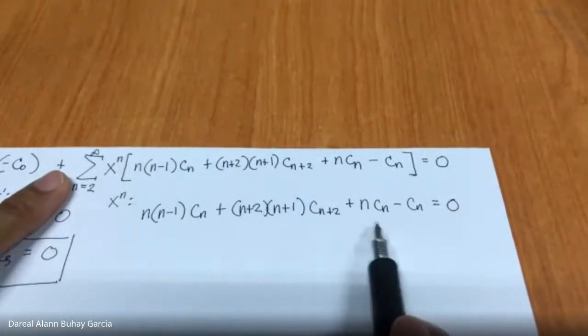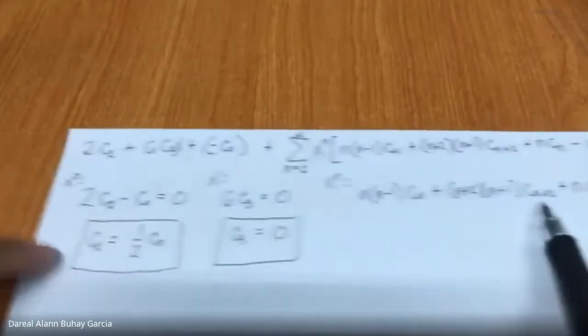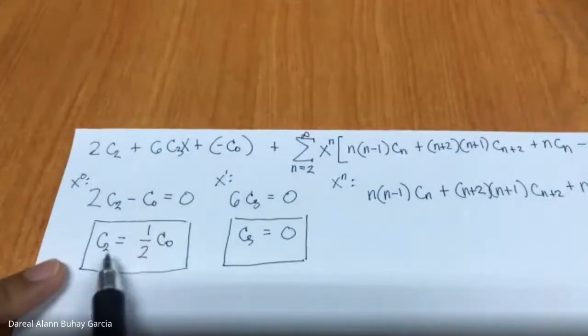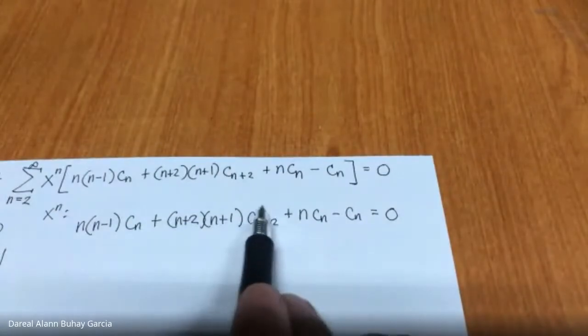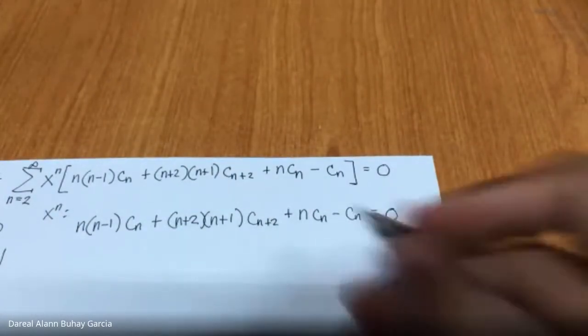Okay. So, mabilin dapat dire is katong mas dako. No? Sa left-hand side, ang mas dako og index. So, mabilin sa left-hand side is cn plus 2.